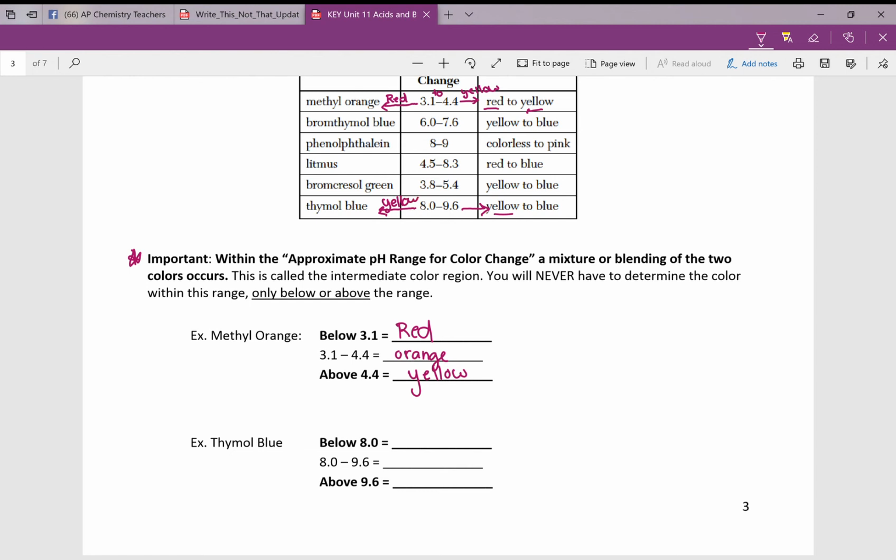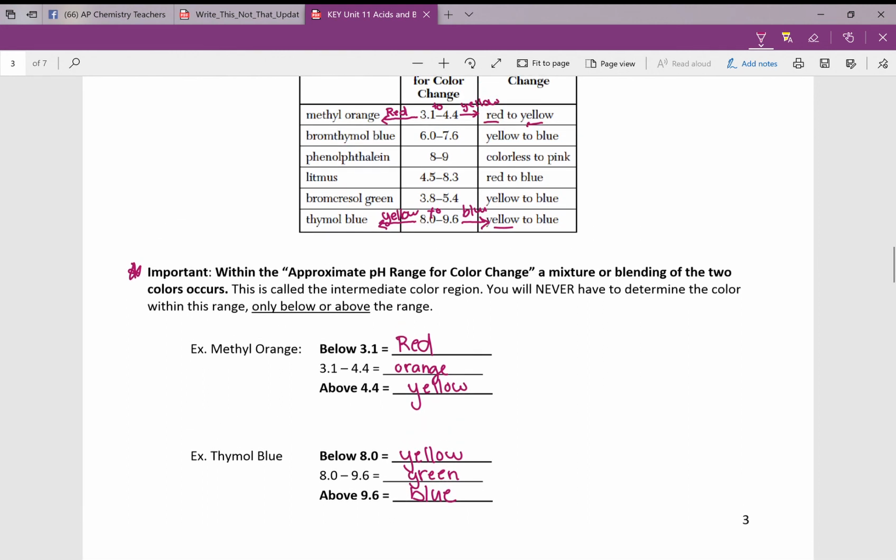Anything greater than 9.6 is going to be the color it changes to, which would be blue. So yellow to blue, meaning below 8 is going to be yellow, and above 9.6 is going to be the second color written, blue. And then between there will be some type of mixture or possibly a combination such as green.